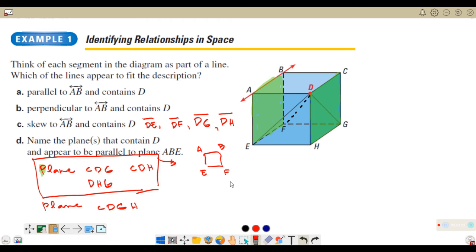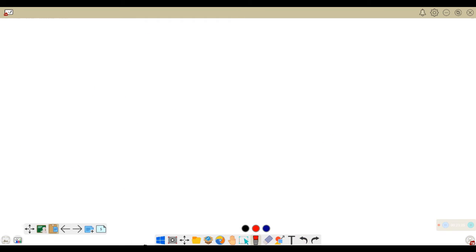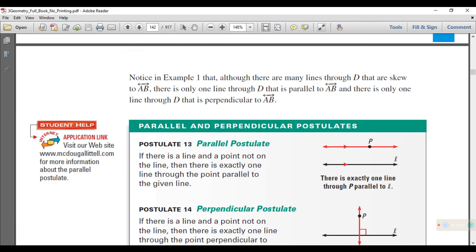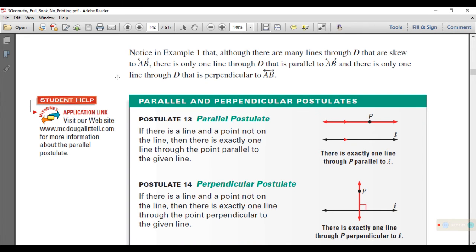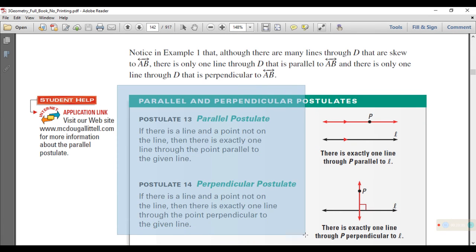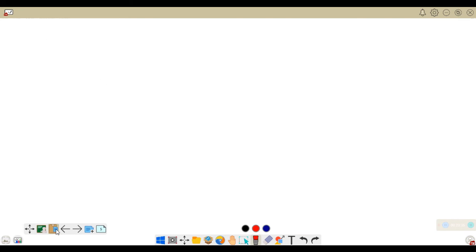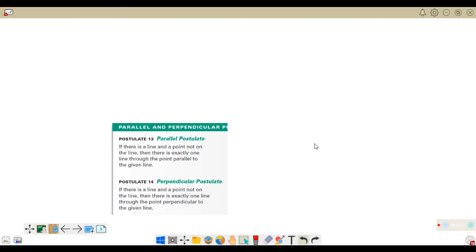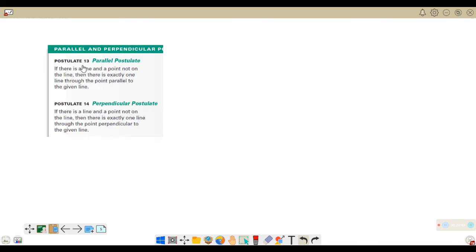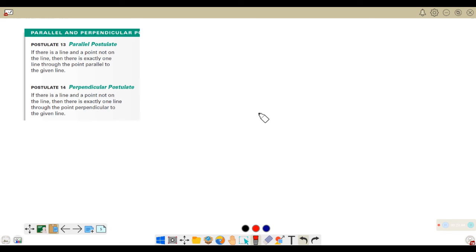So, meron daw tayong, para malinaw siya, ang kokopyahin ko lang ay ito. Yan. So, ang sinasabi lang nito, meron ka daw line. Halimbawa, ito yung line natin.